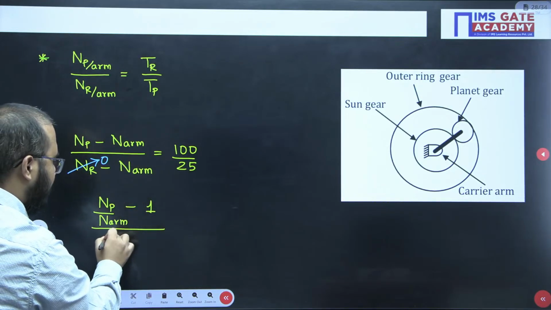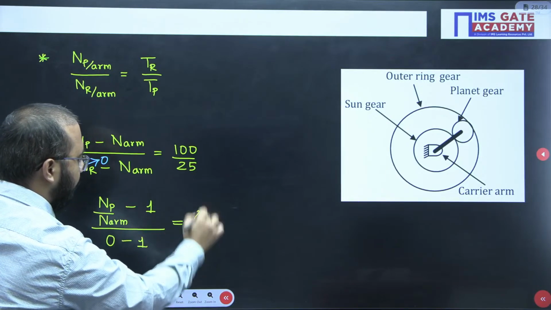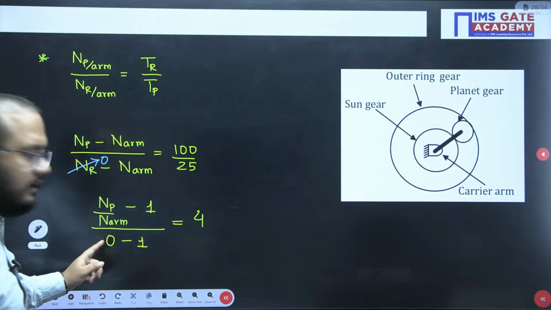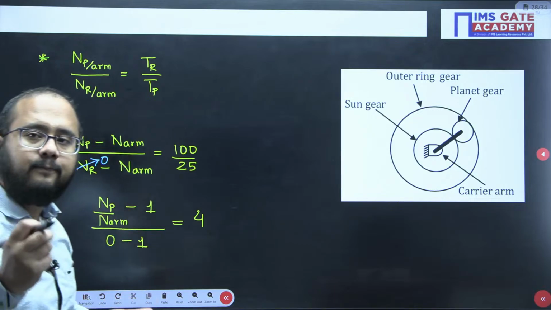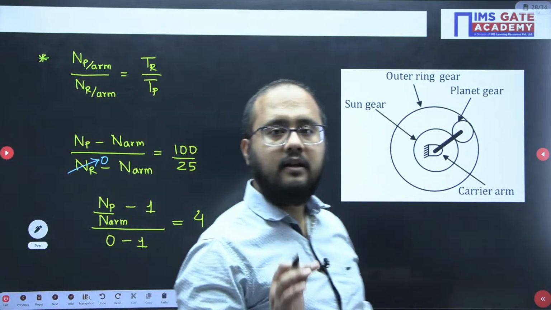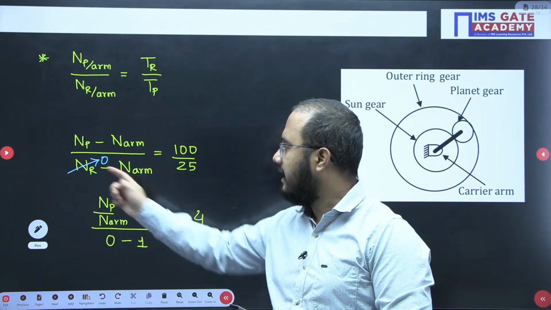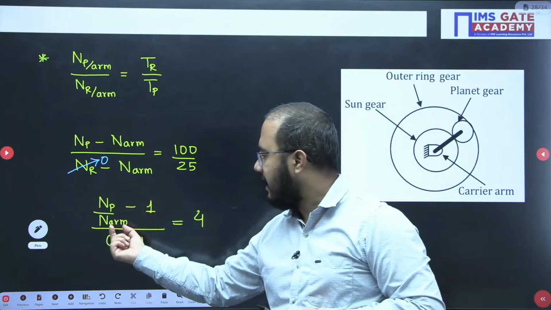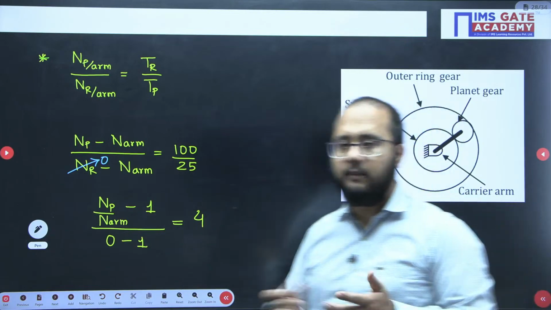So this will be NP by N arm minus 1, and the denominator 0 minus 1, equals 4. Correct everyone? Yes or no? NR value is already 0. So 0 minus 1, that minus 1 will get multiplied with this 4, so it becomes minus 4.